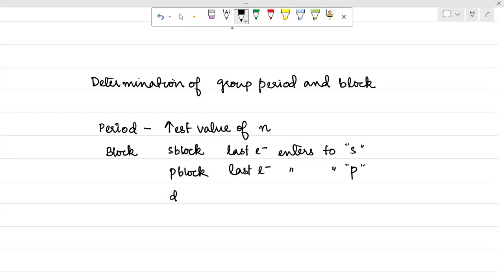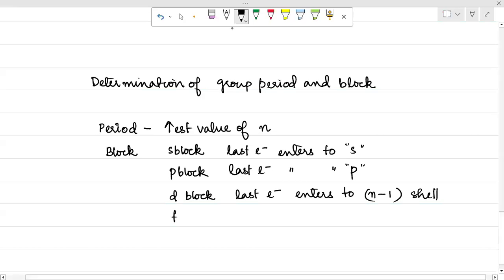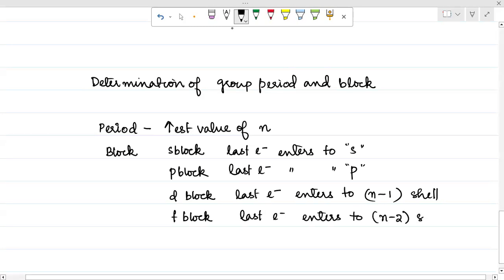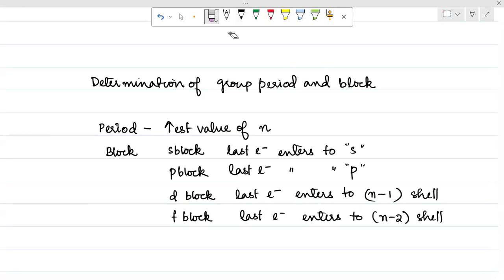If it is D block, the last electron enters the (n-1) D subshell. You will get to understand when we solve problems. And if it is F block, the last electron enters the (n-2) F subshell.